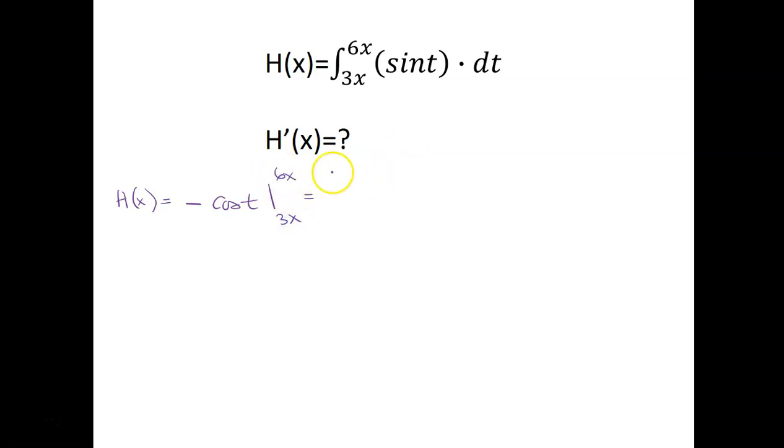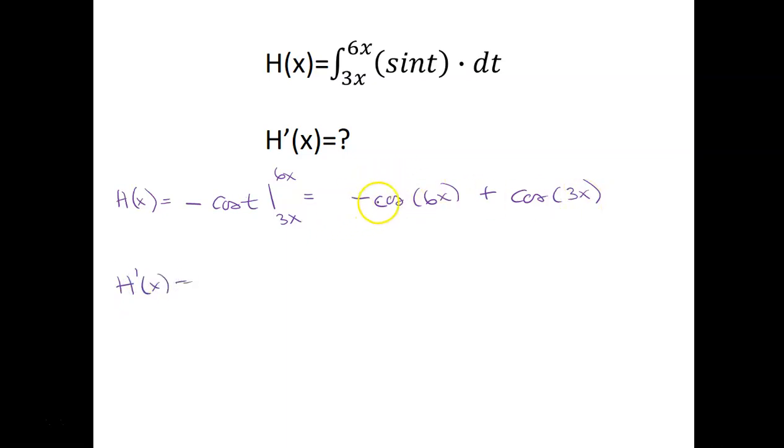So if I'm evaluating this integral, that would be negative cosine of 6x minus negative cosine of 3x. So I'm going to write plus cosine of 3x, right? That's h of x. H of x is defined as this integral. The question is, what's h prime of x? Well, h prime of x is just the derivative of this.